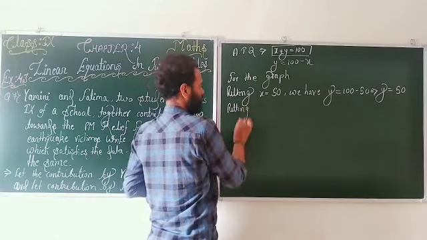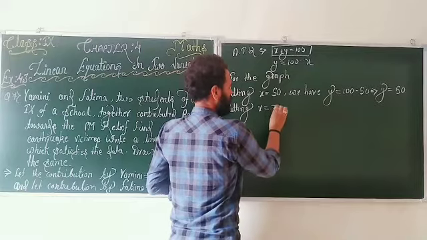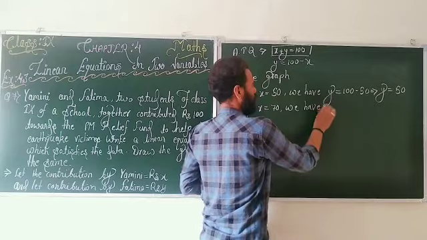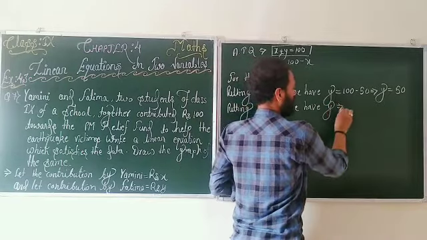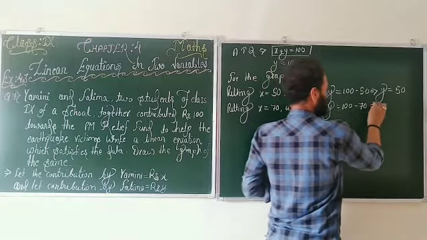Putting x equal to 70, then y is equal to 100 minus 70, that is 30.